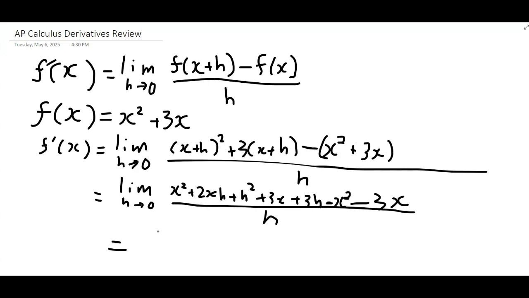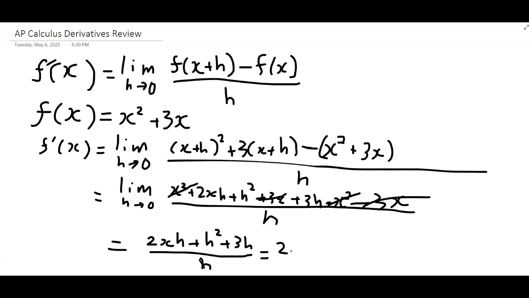So you'll get, this x squared will cross out. The 3x will also cross out. So we'll have 2xh plus h squared plus 3h, all of that divided by h. And I can go ahead and write it as this.